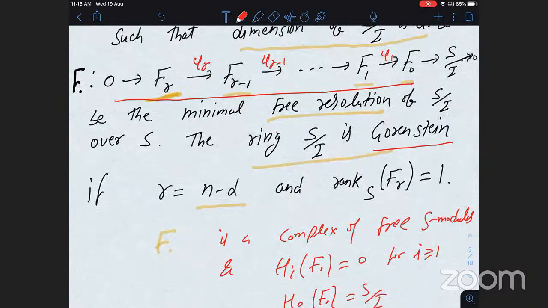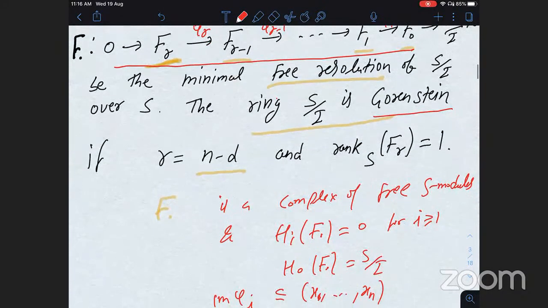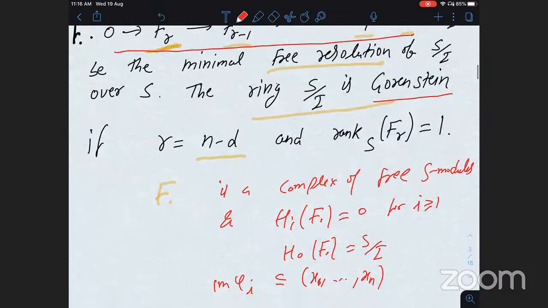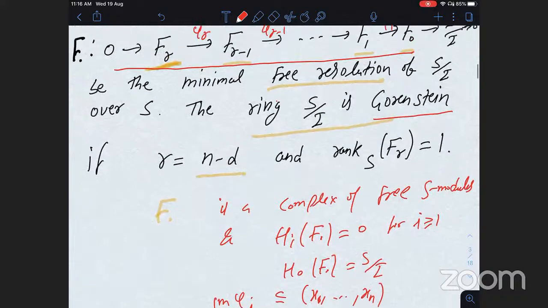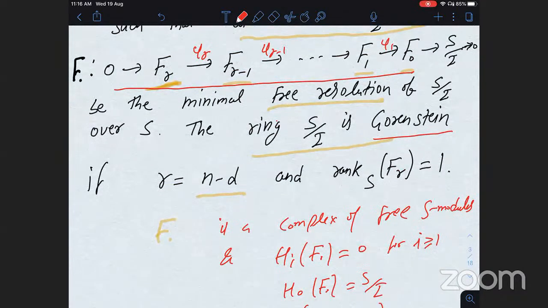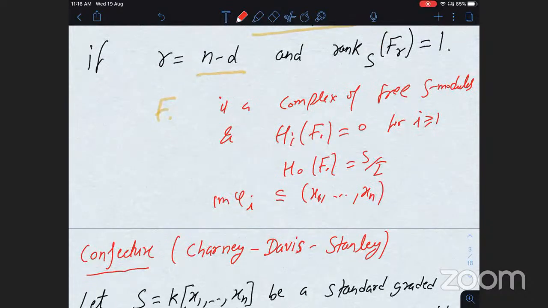All these F_i are free S modules, and the homology of this complex is 0 for i greater than or equal to 1, and H_0 is S mod I. The zeroth homology is S mod I. We say the resolution is minimal if the image of all maps phi_i, where phi_i maps F_i to F_{i-1}, is contained inside the maximal ideal generated by variables x_1 to x_n.